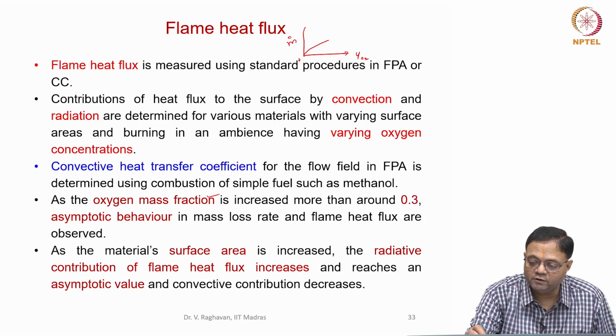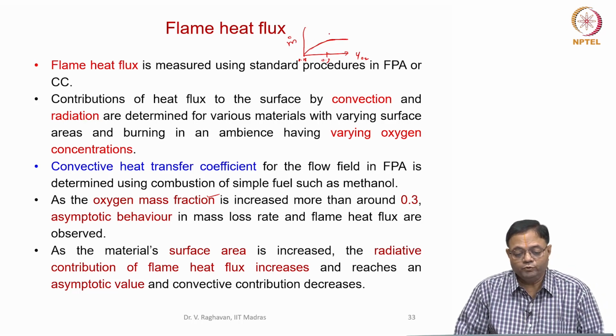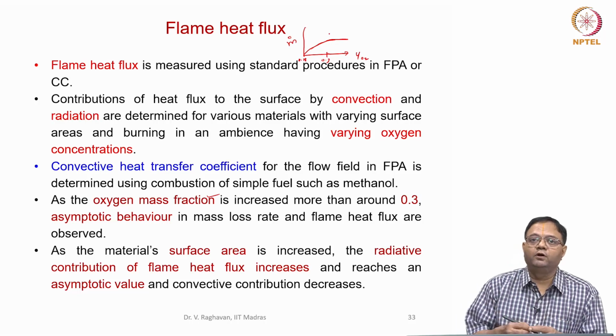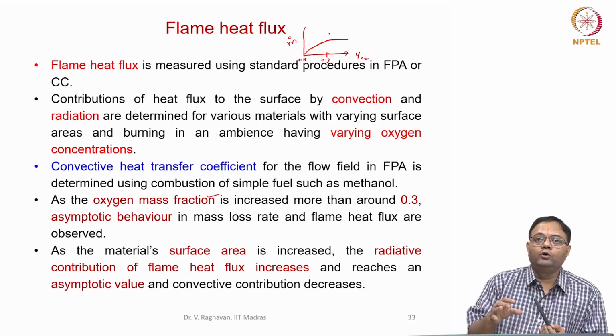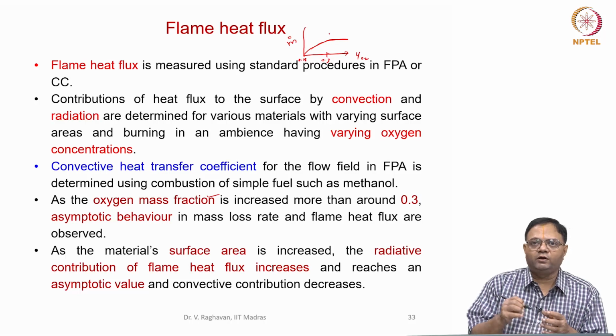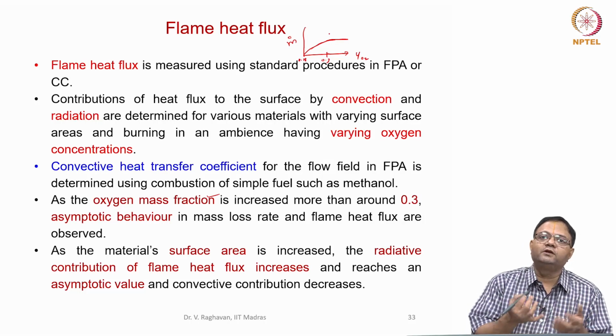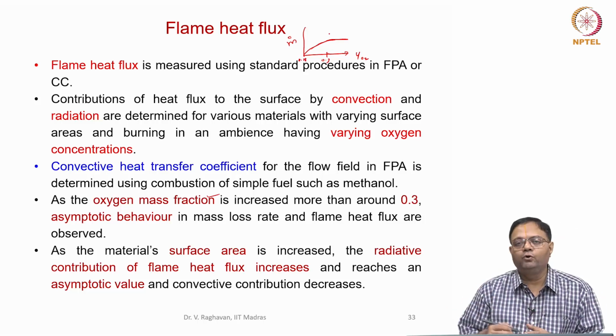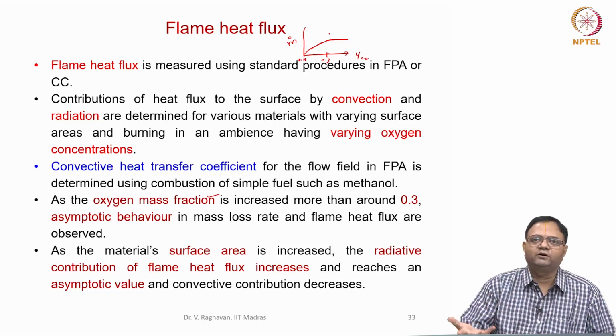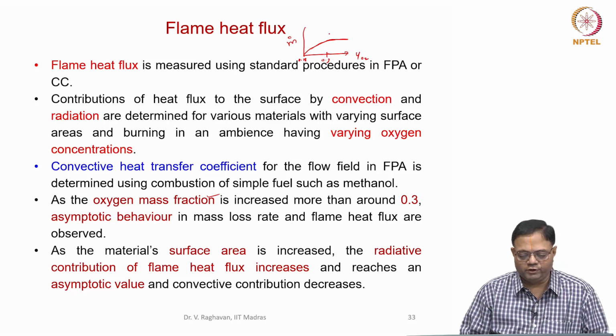Say this is 0.18 and this is 0.3. After 0.3, you will see that it goes asymptotically to a constant value. So, this is possible to do in an FPA and categorize the limiting oxygen concentration, the lower value at which ignition can occur, or the higher value where there will be an effect of increased oxygen concentration.